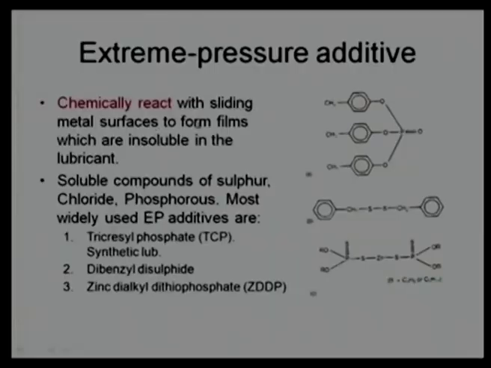So, I say that chemically these additives react with the sliding metal surface to form films which are insoluble. Mind it, these additives are soluble in lubricant, but they make a coating on the metal surface which is insoluble.